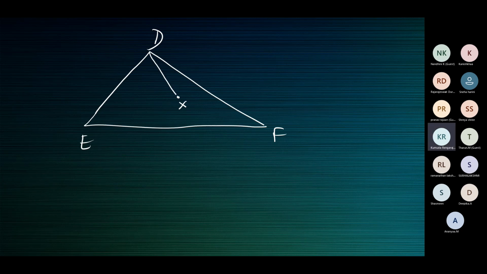So join X to D, X to E, and X to F. From a point P in DX, PQ is drawn parallel to DE, meeting XE in Q. And then QR is drawn parallel to EF, meeting XF in R. So these are parallel. Prove that PR is parallel to DF.